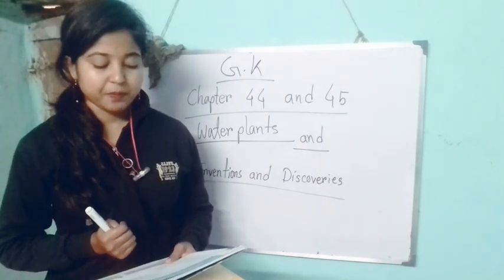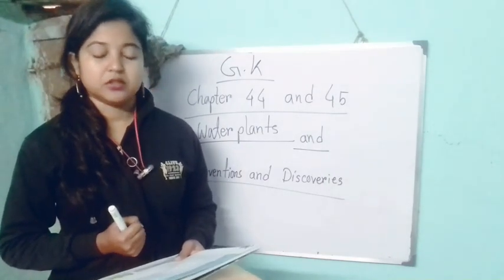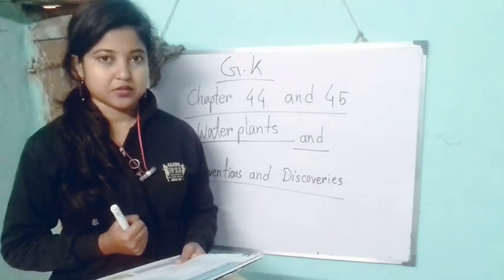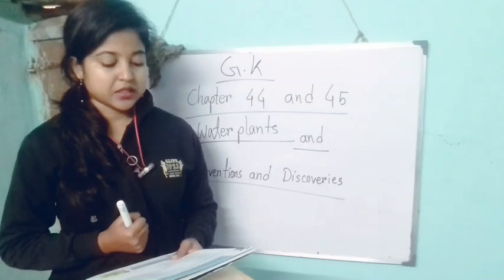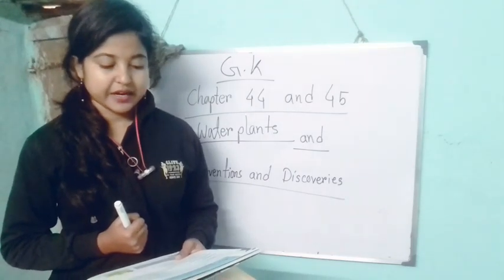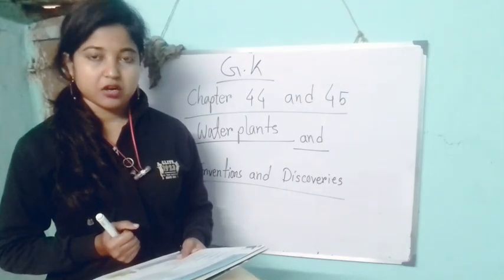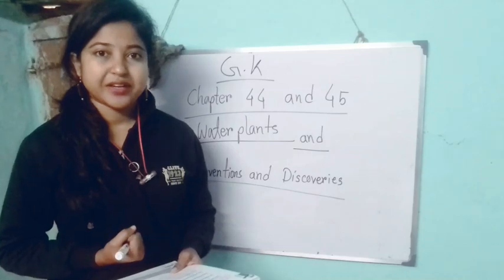So, first, aeroplane. Aeroplane was invented by two brothers, Orville and Wilbur Wright. That is called Wright brothers. Next, diesel engine. It is invented by Rudolf Diesel. So number 3, elevator.